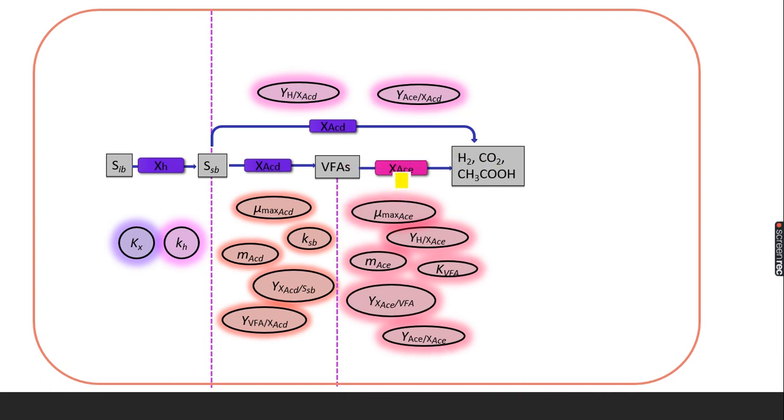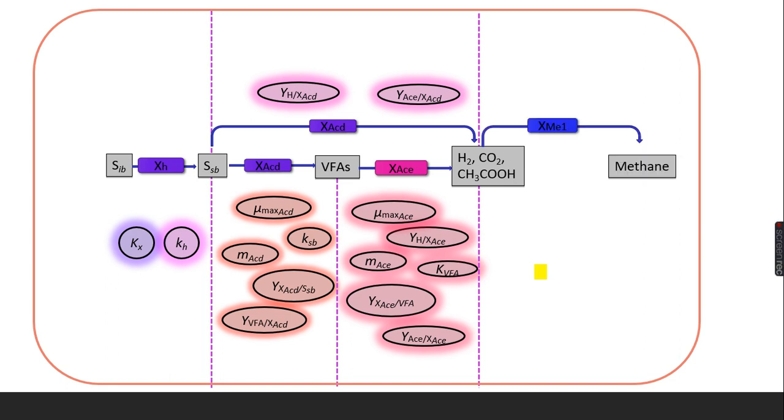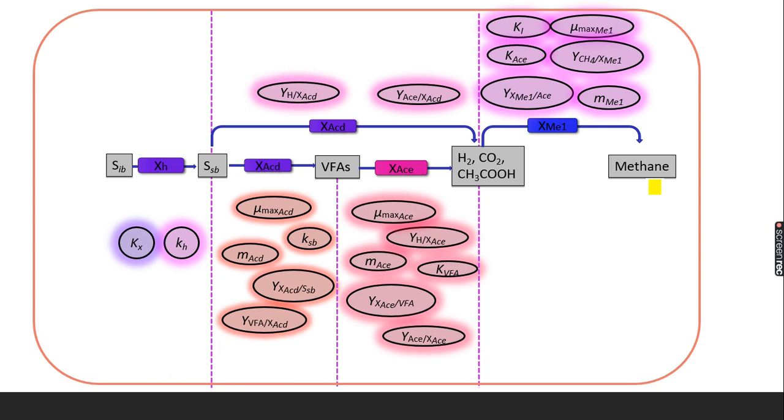when you are going to write the expressions for these small steps. Then we will have the last part of the equation, where hydrogen and carbon dioxide are converted into methane by one group of methanogenic microorganisms, that is hydrogenotrophic microorganisms. Which parameters will be involved here?